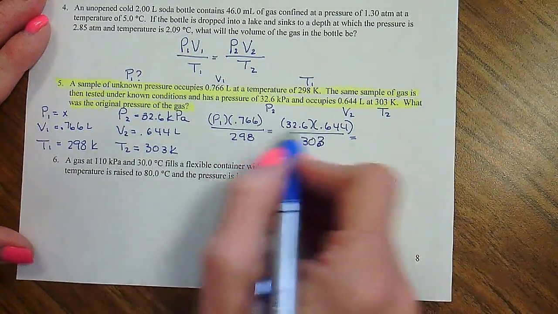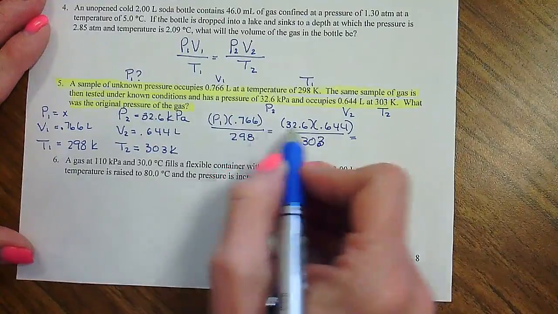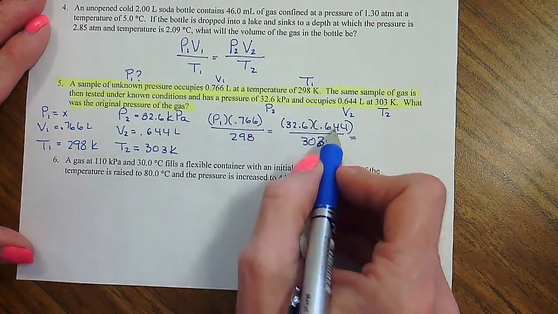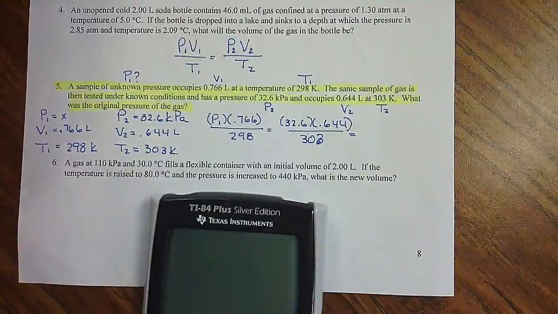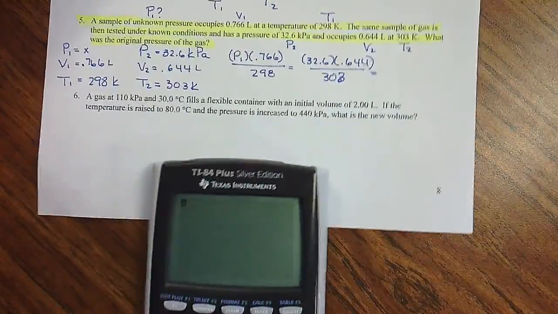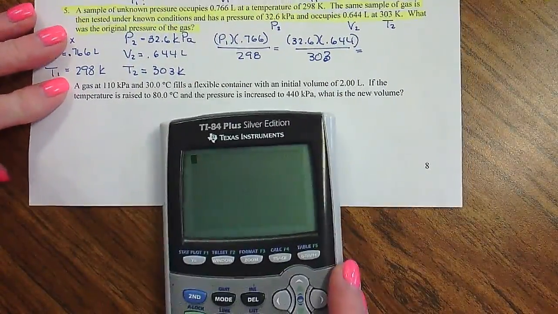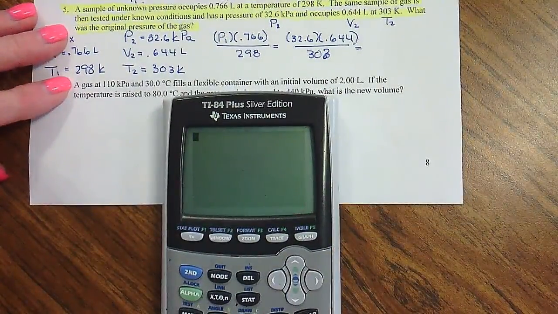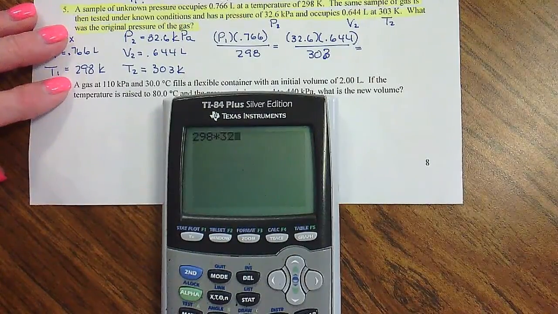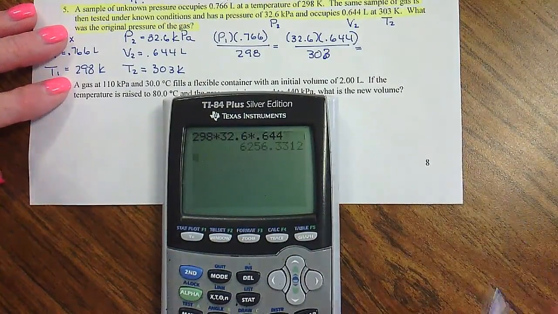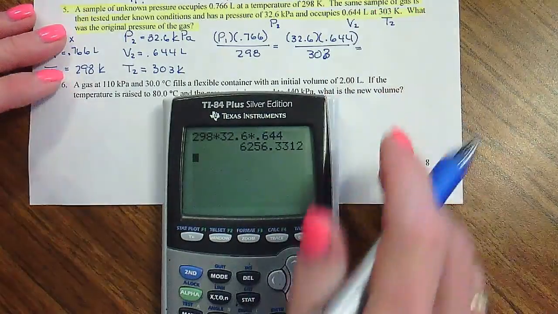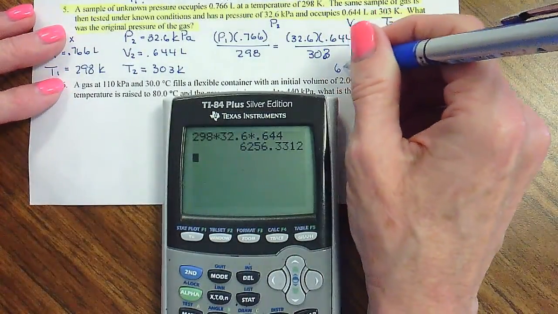I'm going to cross multiply 298 times 32.6 times 0.644. Let me move it up so you can see it. There we go. 298 times 32.6 times 0.644. That is 62.56.